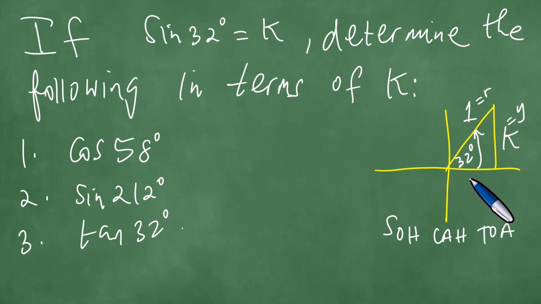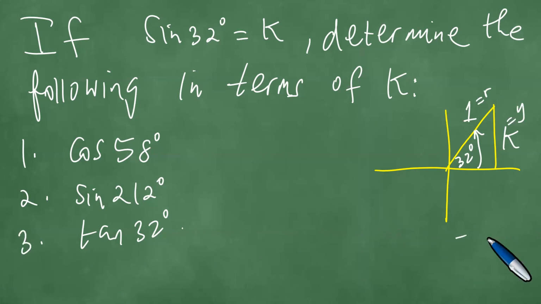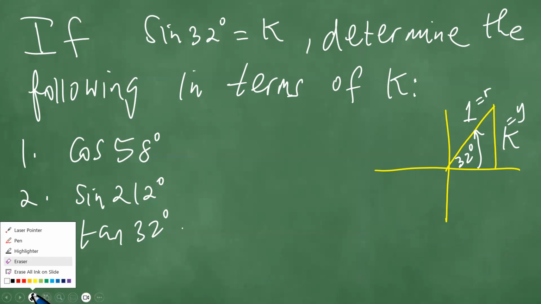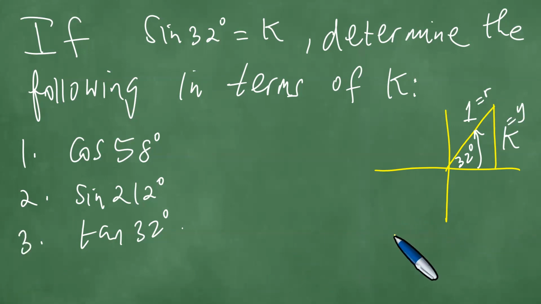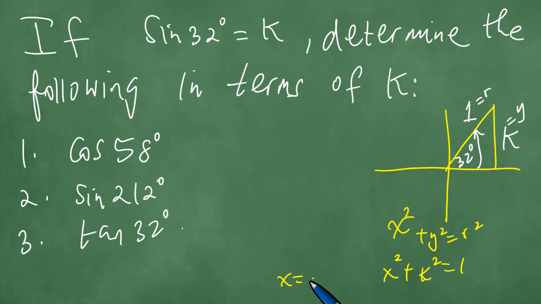So how do we get the X here? To get the X, let us use a result, the Pythagorean relation: X squared plus Y squared is R squared. So you come here, 1, the Y is k, X squared. X is the square root of 1 minus k squared.